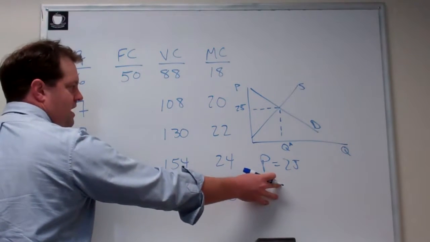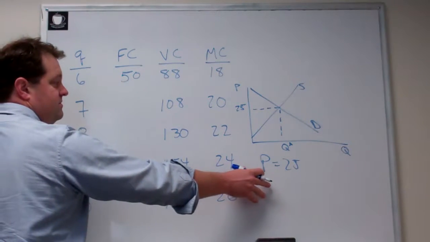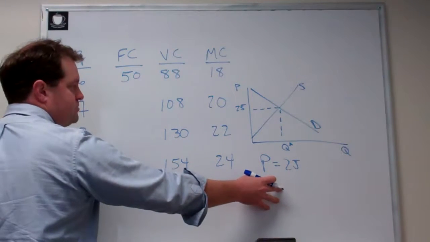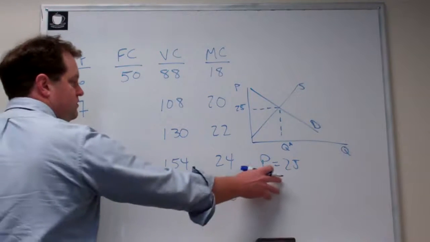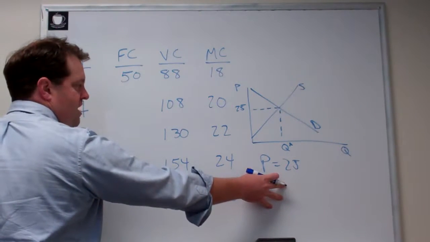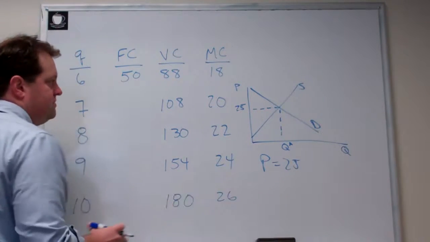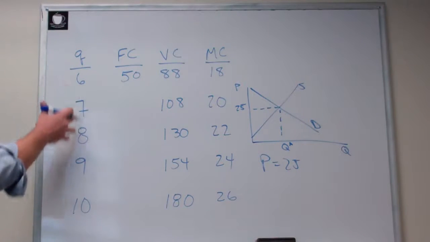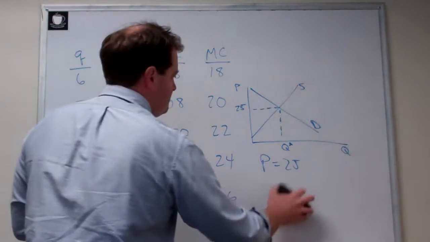I would like to charge a higher price if I'm a firm in a competitive market, but I can't, because if I try to charge a price higher than the market clearing price, no one's going to buy that good. I wouldn't be profit maximizing if I charged a price less than 25. So this is where I'm stuck. This is the best I can do in terms of price. Now I have to figure out what quantity to produce in order to maximize profit.